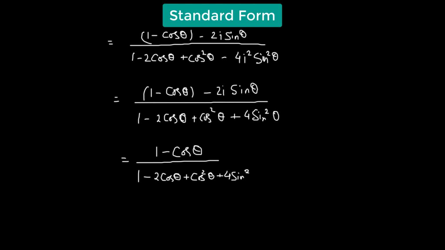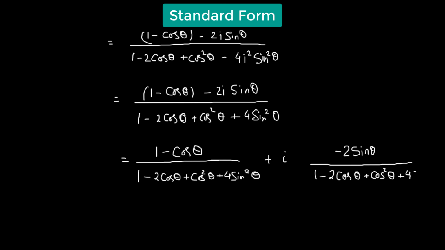So we write it, this is 1 minus cosine theta plus i times negative 2 sine theta, divided by 1 minus 2 cos theta plus cosine square theta plus 4 sine square theta. So this is the standard form of the given complex number.